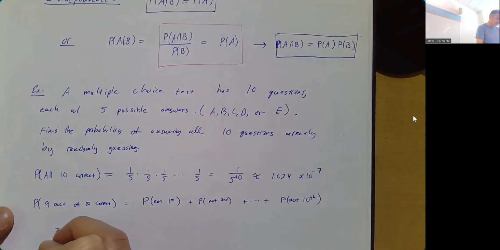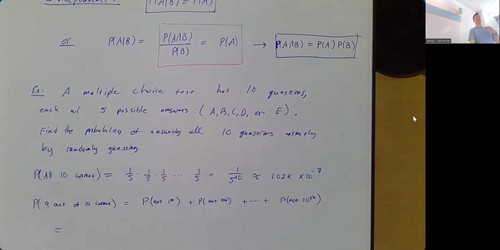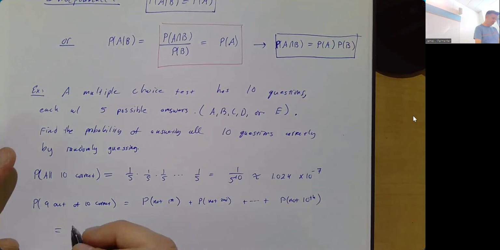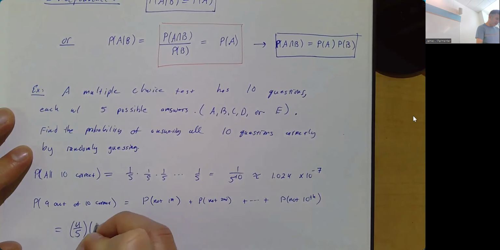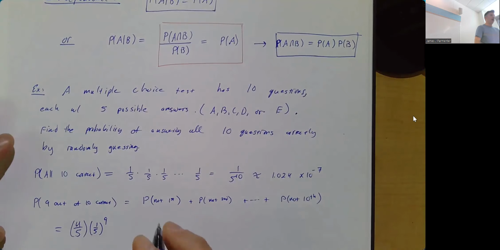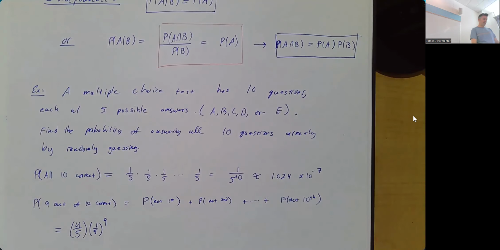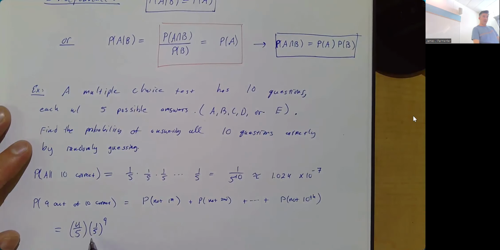Okay, so now, if we want one of them to be not correct, the probability of one of them being not correct is not 1 out of 5, it's 4 out of 5. Because we're going to say one's wrong. There's a 4 out of 5 chance of one of them being wrong. And then if the other 9 have to be correct, that's going to be 1/5 to the 9th power. That's the probability of getting the first one wrong and the other 9 right.